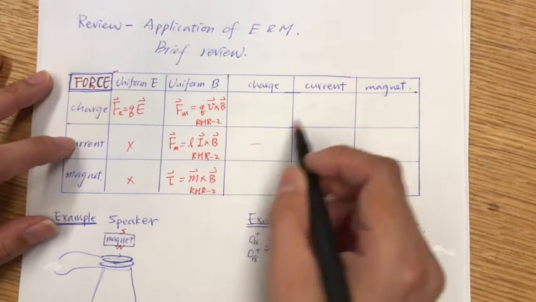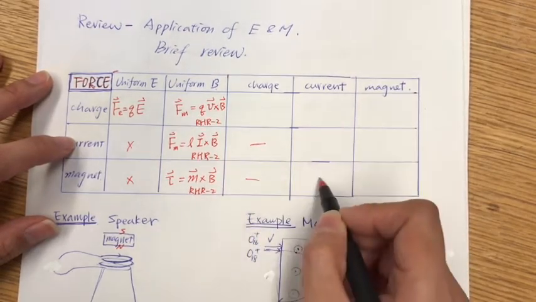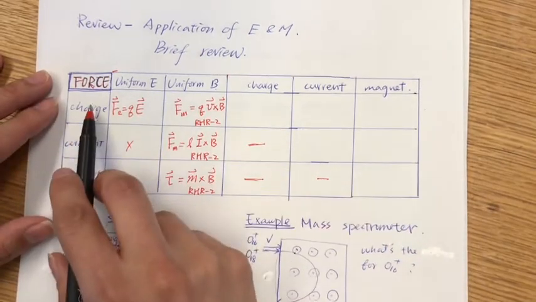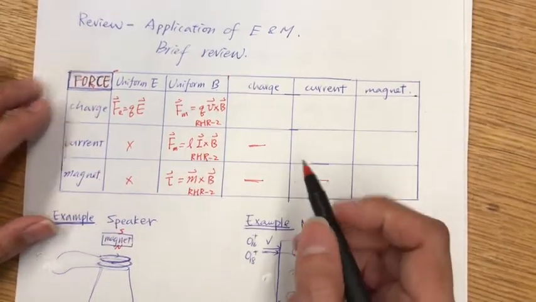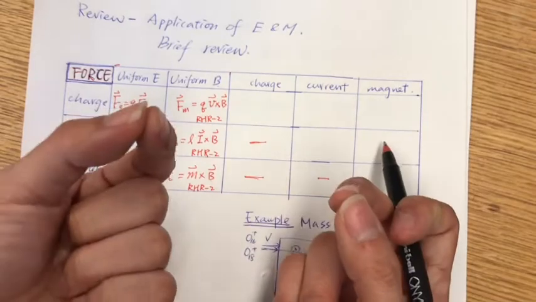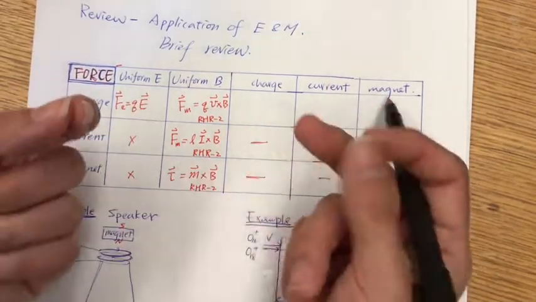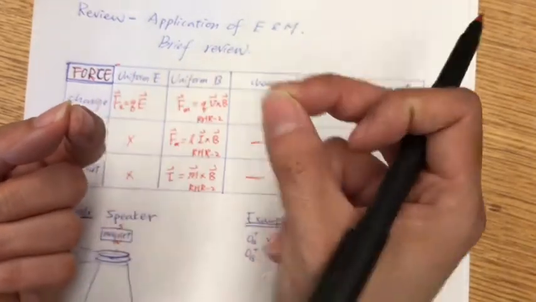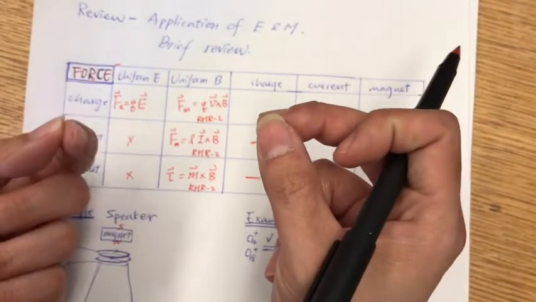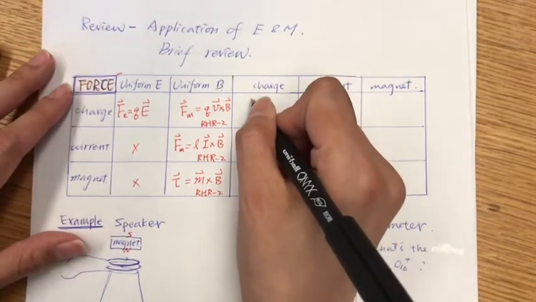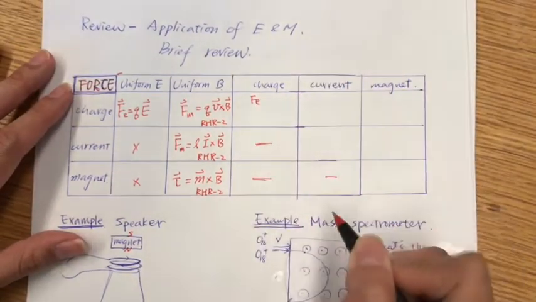All right, so now let's come over and see if I put charge. This is the same as this one, so we don't need to talk about this. When we put a charge here, it creates an electric field, and this charge will feel that electric field at this point, so it has an electric force.